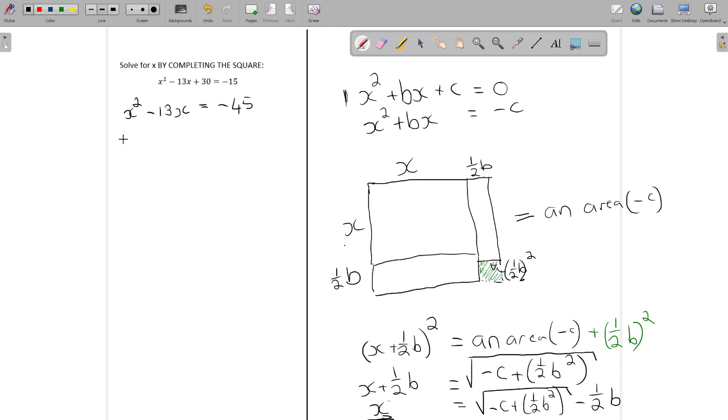Half of b squared, we're going to add that to this side: x squared minus 13x plus, we're adding this rectangle, half of the middle term, which is 13, that's half the coefficient of the middle term squared, and on this side minus 45 plus half the coefficient of the middle term squared.